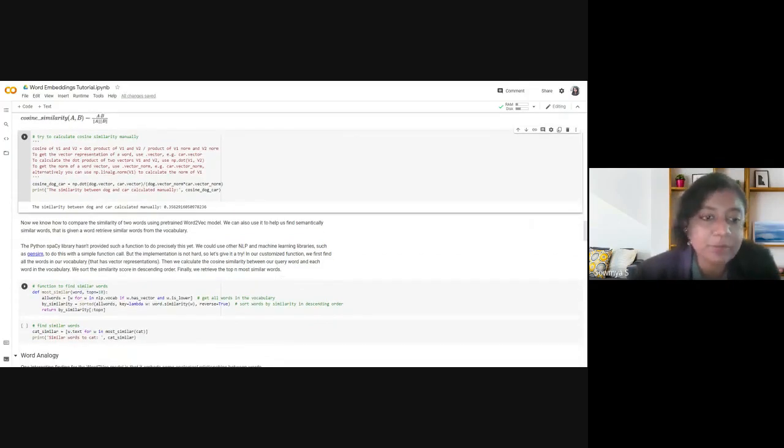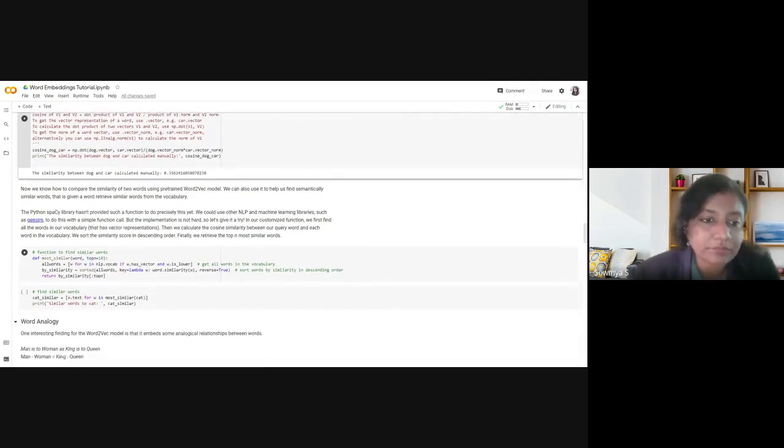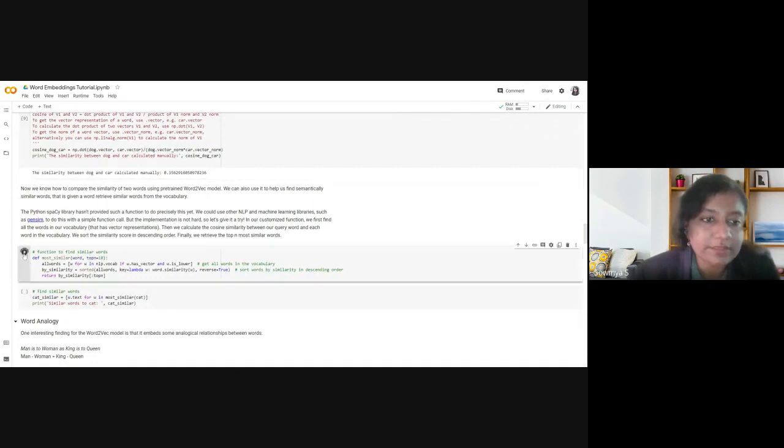I'm going to quickly go through the words in the vocabulary, and this is basically all the vectors and the words, and then I'm going to sort based on their similarity. So it's going to be sorted in the sense the most similar is going to be first, and return. So I'll just run that.